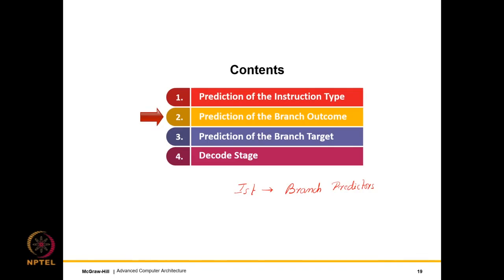And these branch predictors will incorporate many more effects. Along with temporal locality, they will incorporate many more aspects of the way that programs are typically written. So this will be covered in the next lecture of this lecture series.